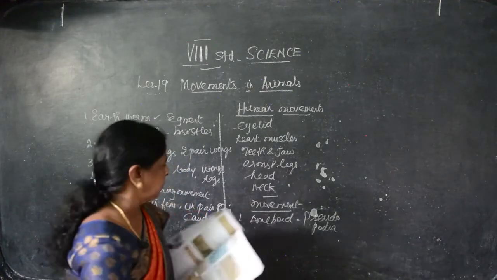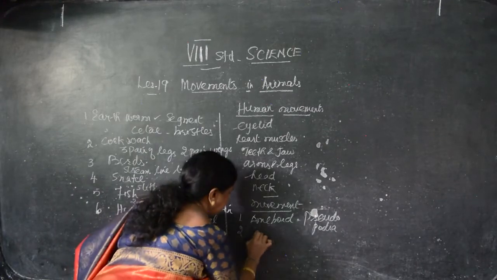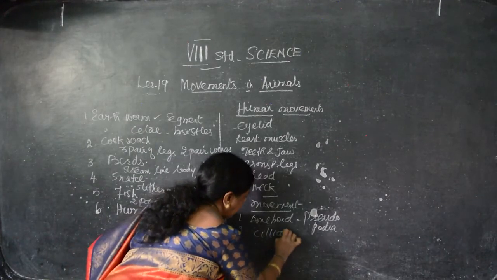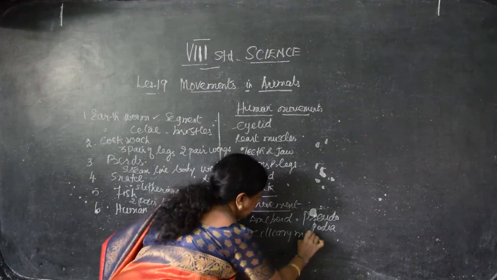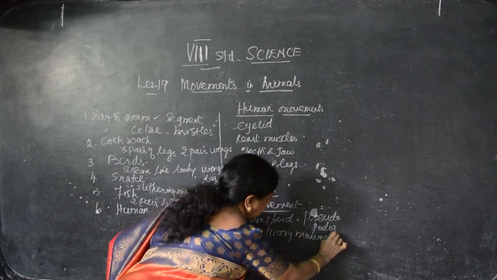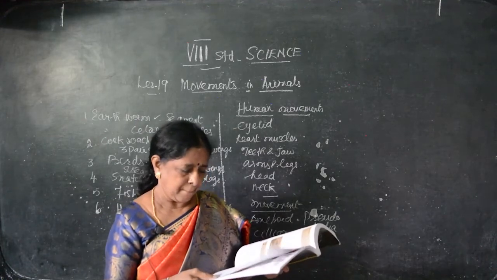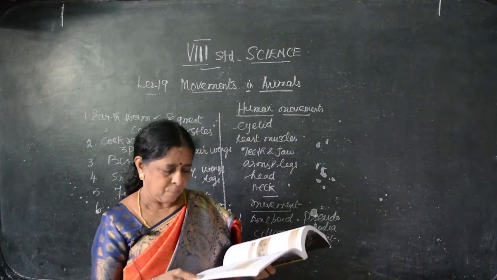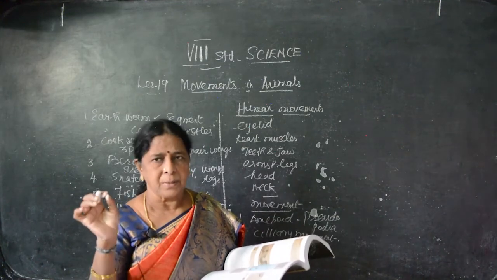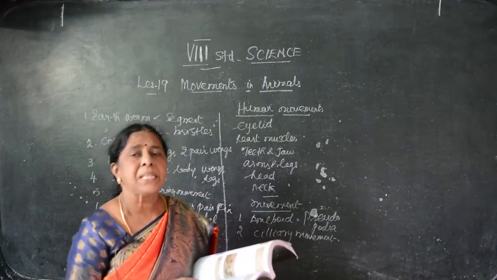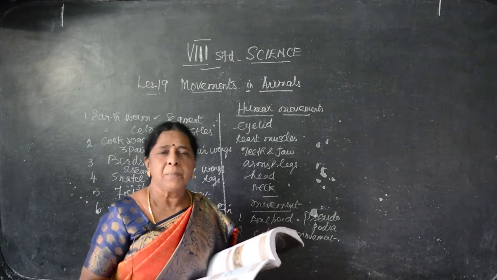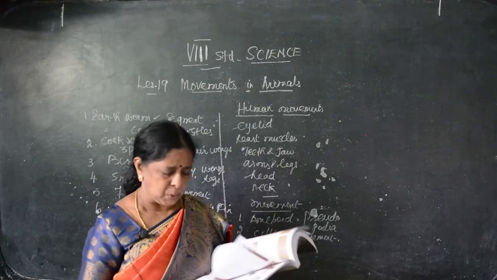Next one is ciliary movement. We said no bristles are seen in the earthworm, but some extra hair growths are there, that is known as what?